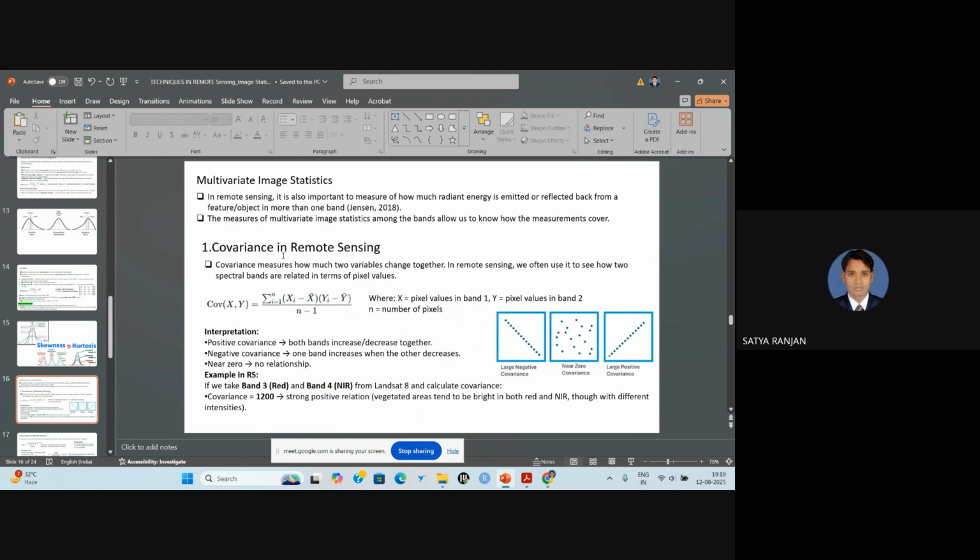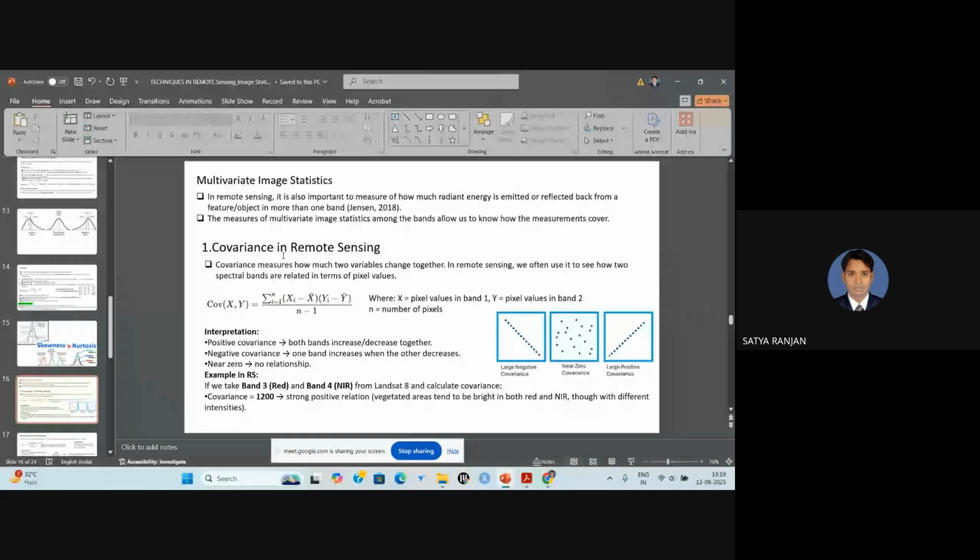So covariance xy has this formula: a summation from 1 to n of xi minus x bar into yi minus y bar, divided by n minus 1, where x is the pixel value in band 1 and y is the pixel value in band 2. So basically, it compares the different variables of different bands.